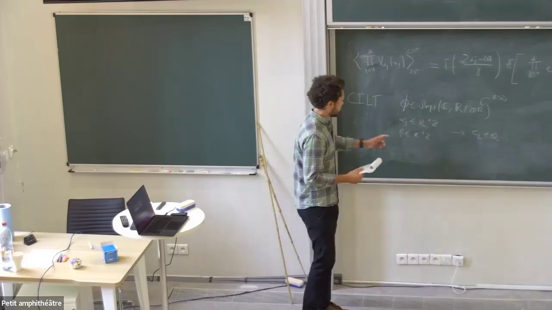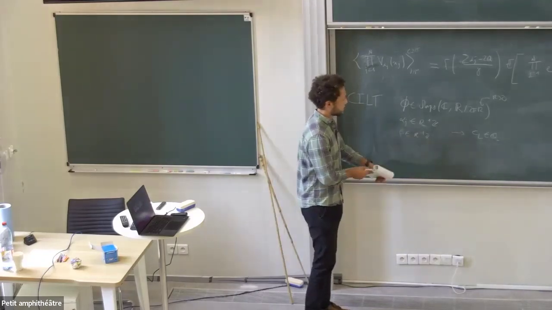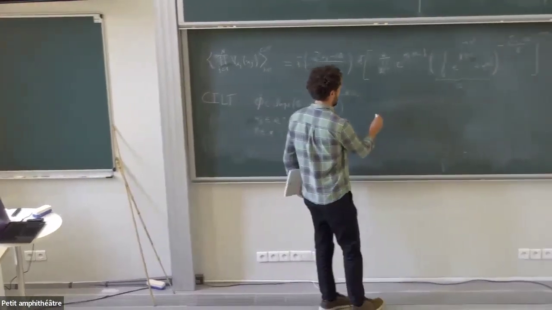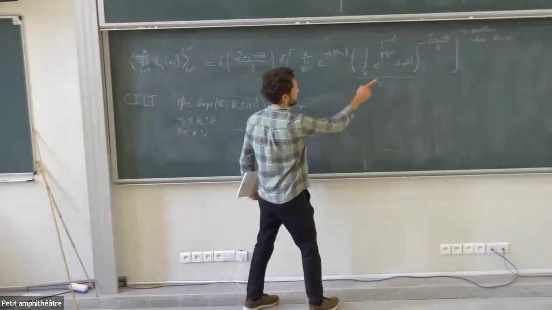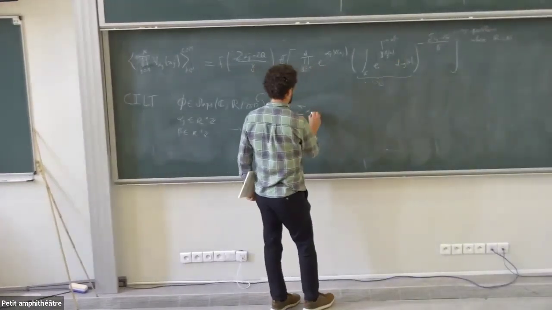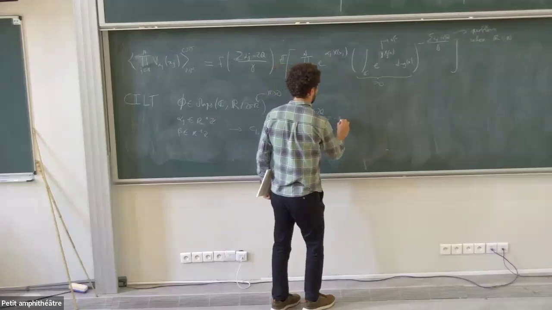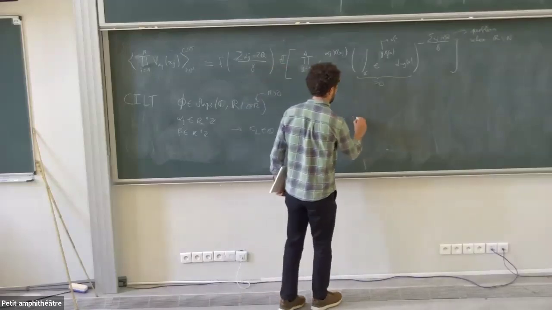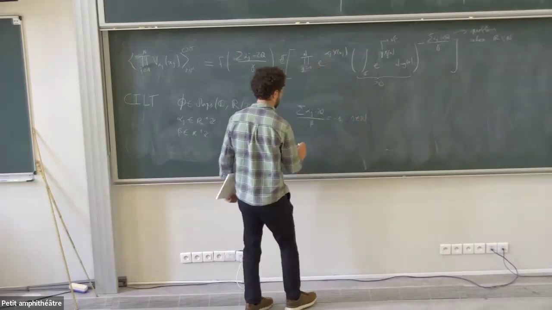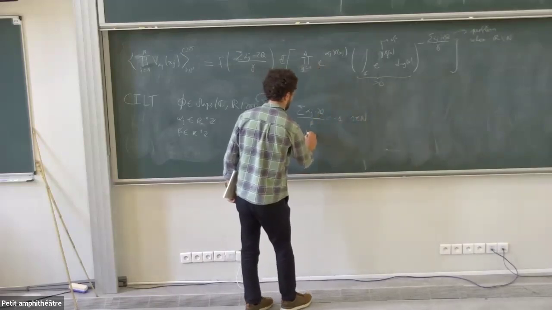Okay. So in that case, you have indeed this exponent, which is equal to minus an integer. Okay. And this is called the neutrality condition.